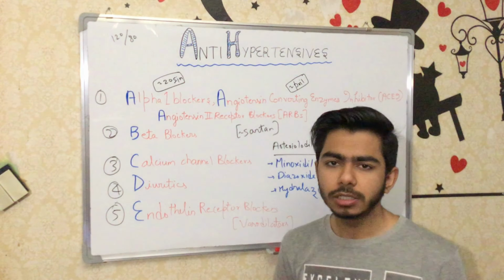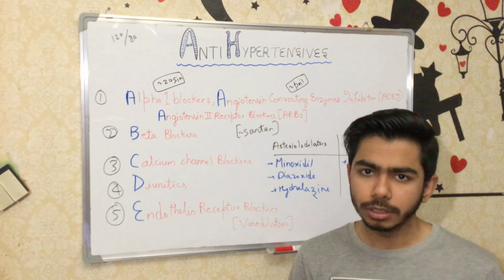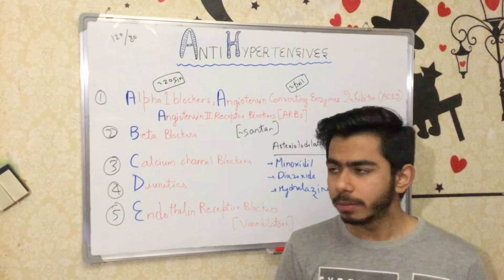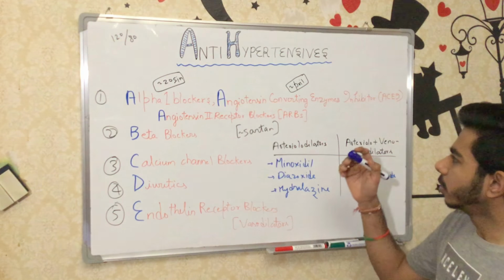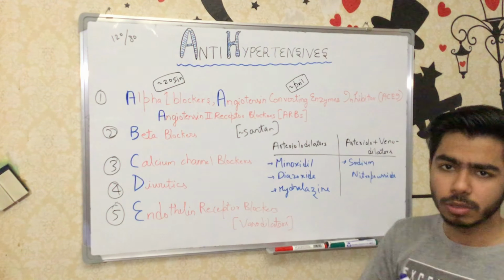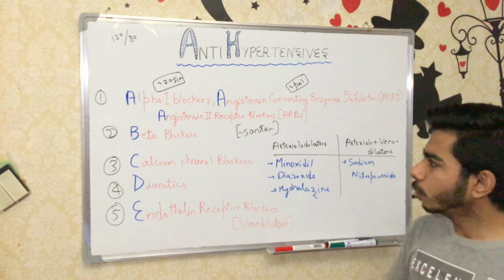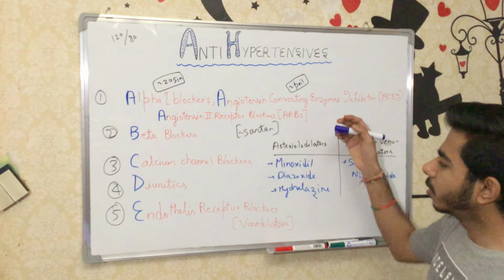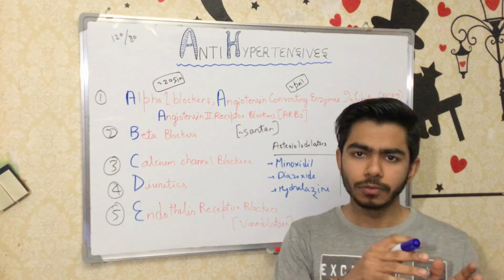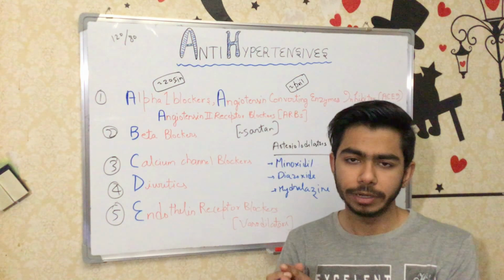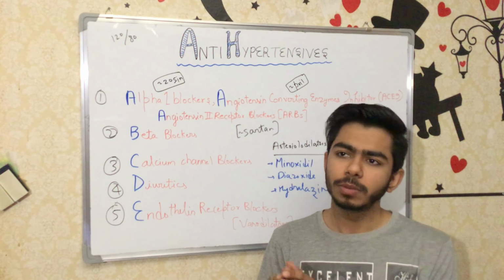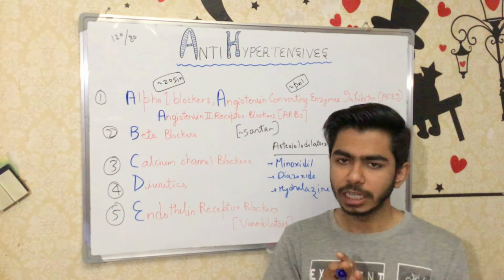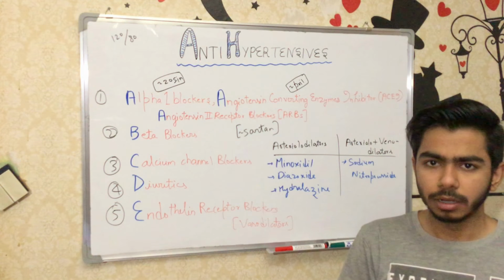Usually antihypertensive drugs are used in combination. Why? For example, if we are giving ACE inhibitors to the patient, the ACE inhibitors will not allow angiotensin 1 to convert into angiotensin 2, and angiotensin 2 will not be able to bind to the receptors, and that will cause a decrease in blood pressure.